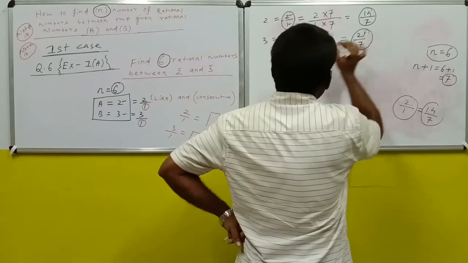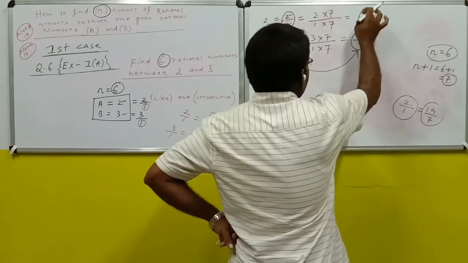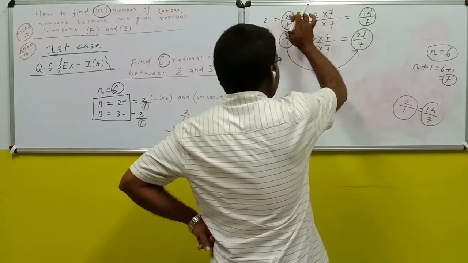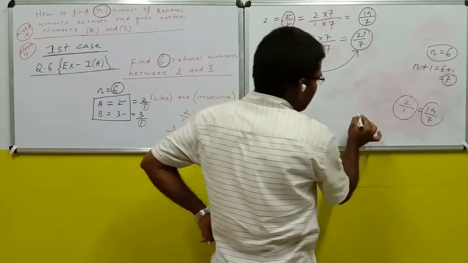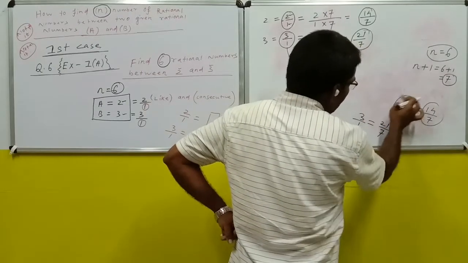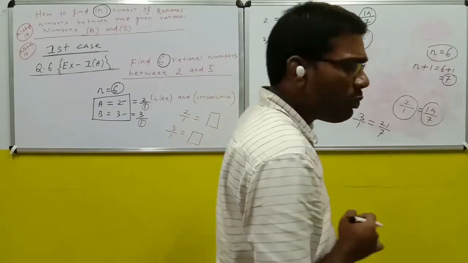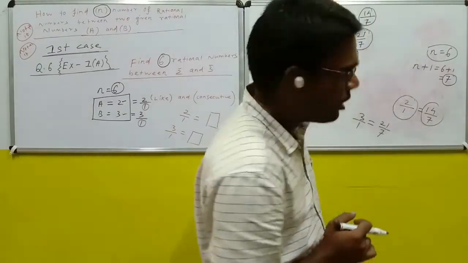So 21 by 7, it is the equivalent rational number of 3 by 1, and 14 by 7, it is the equivalent rational number of 2 by 1. It means in place of 2 by 1, you can use 14 by 7, and in place of 3 by 1, you can use 21 by 7.